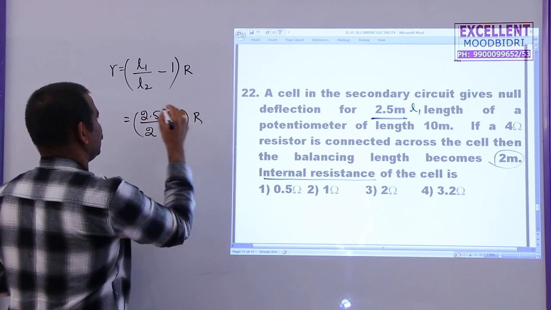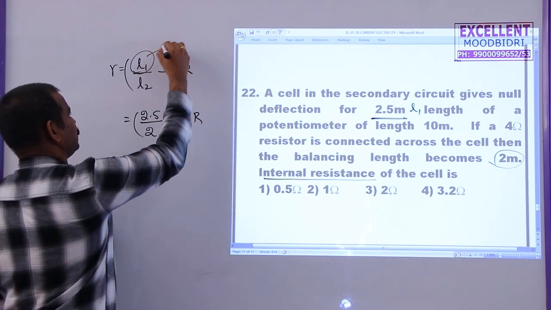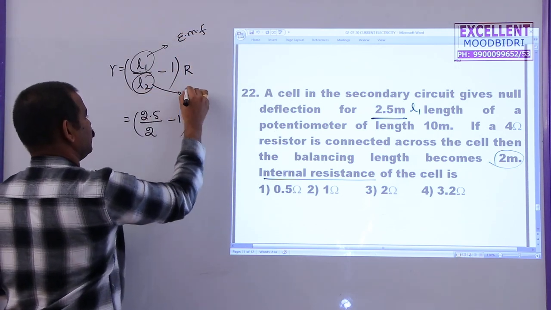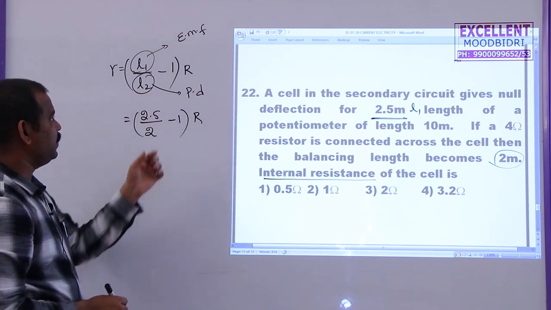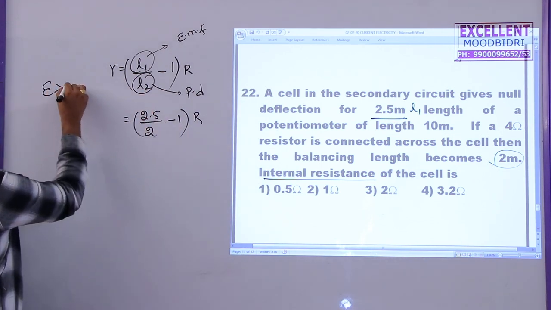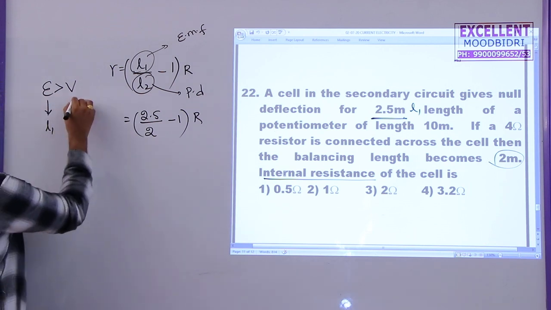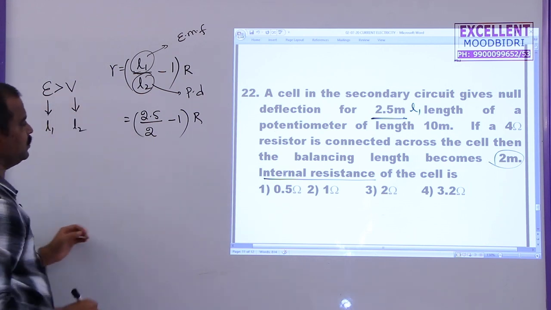Remember, this is the balance length for EMF of the cell, and this is the balance length for PD of the cell. That's why we know that EMF is greater than PD. So EMF will give more balance length and PD will give less balance length.